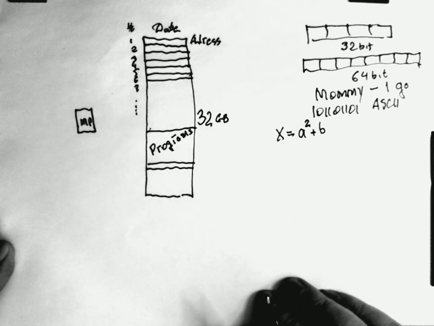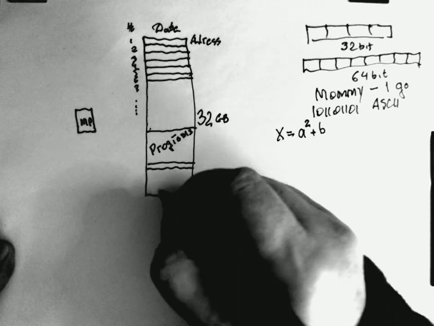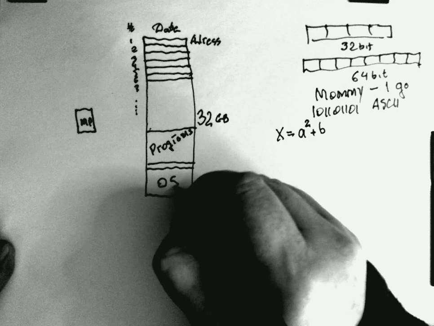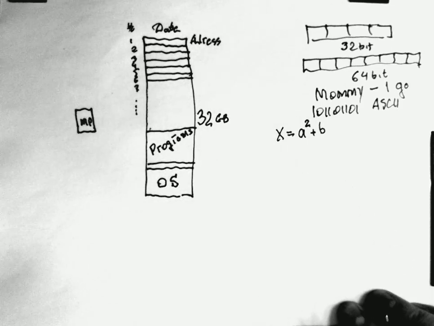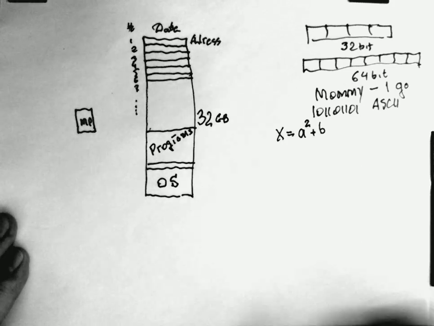And one of the permanent residents in memory is the operating system. The operating system, folks, is a resident program that creates an interface between the user and the computer.